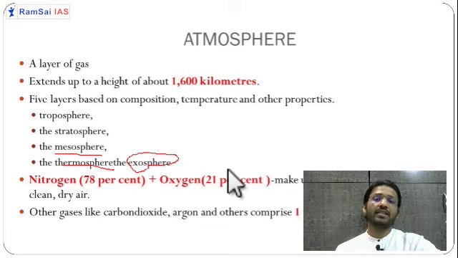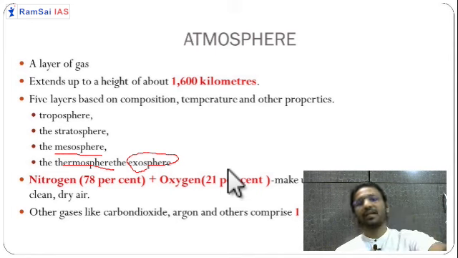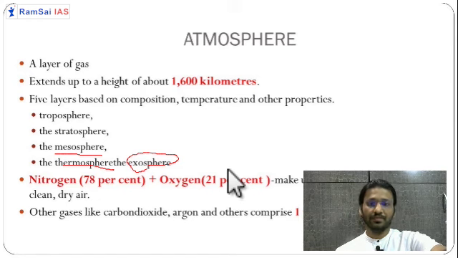So these are the 5 spheres of the atmosphere. There are different characteristics of these 5 layers, and they have different functions to perform. These functions and the importance of these layers we will study in the next NCERTs.